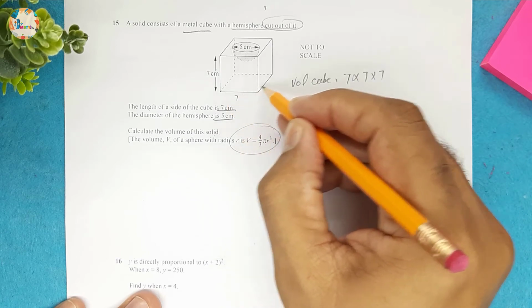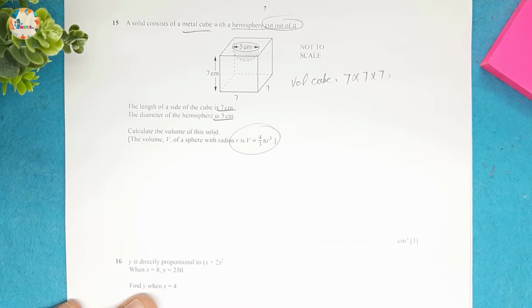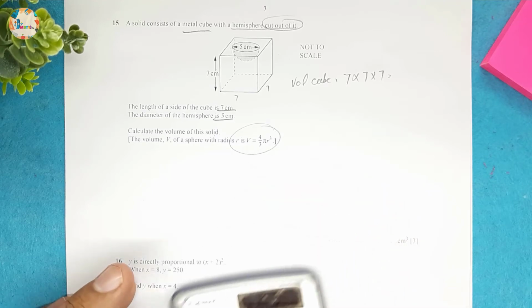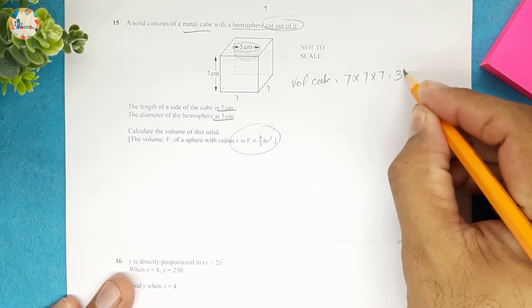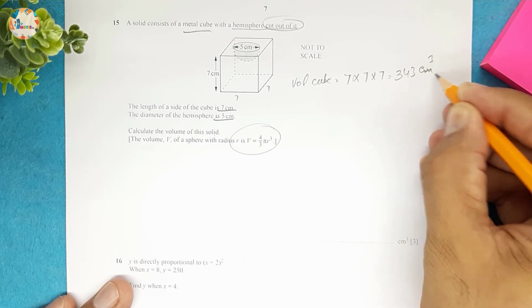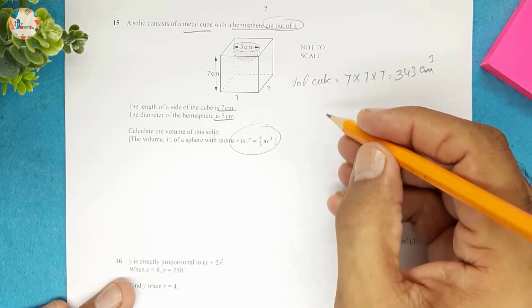This side will be 7 and this side will be 7. So this will be equal to 49 multiplied by 7. 7 into 7 into 7 will be equal to 343 centimeter cube. Now from this volume we have to reduce this hemisphere volume.